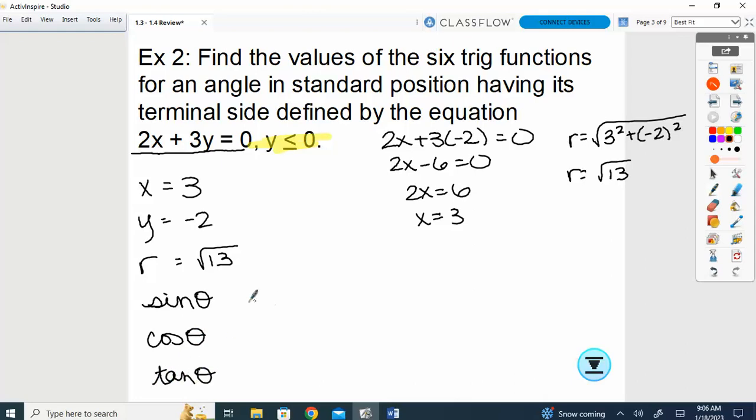So sine theta, y over r, is negative 2 over radical 13, but what's wrong with that? So you have to multiply by radical 13 on top and bottom. How do we get cosecant? You flip it before you have to change it. So I'll go back here and flip, so I get negative radical 13 over 2.